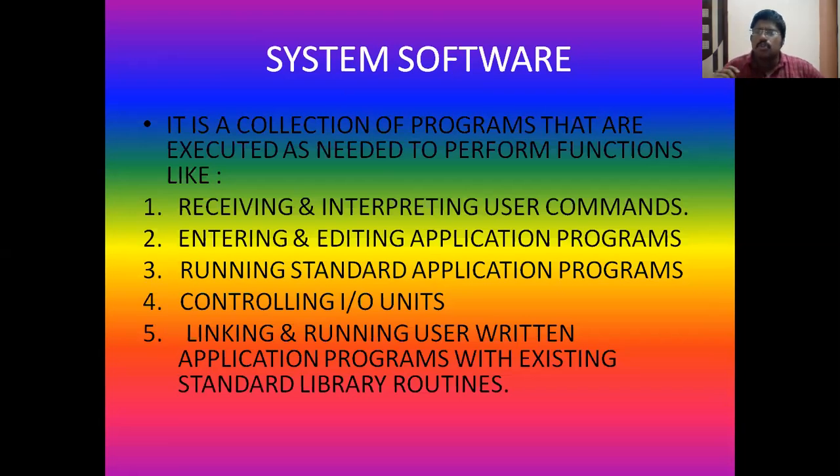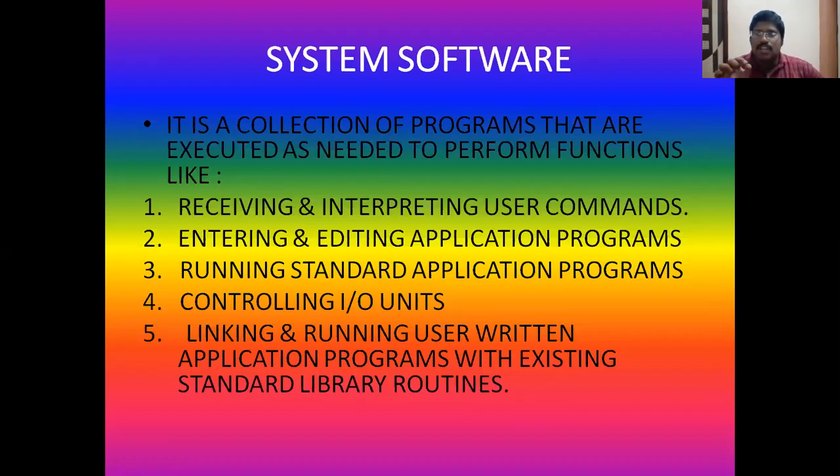Here also the same thing is going to happen: linking and running the user written application programs with the existing standard library routines. This is the best example I have told. If you have a C program, you install your C software, so obviously there is a program.